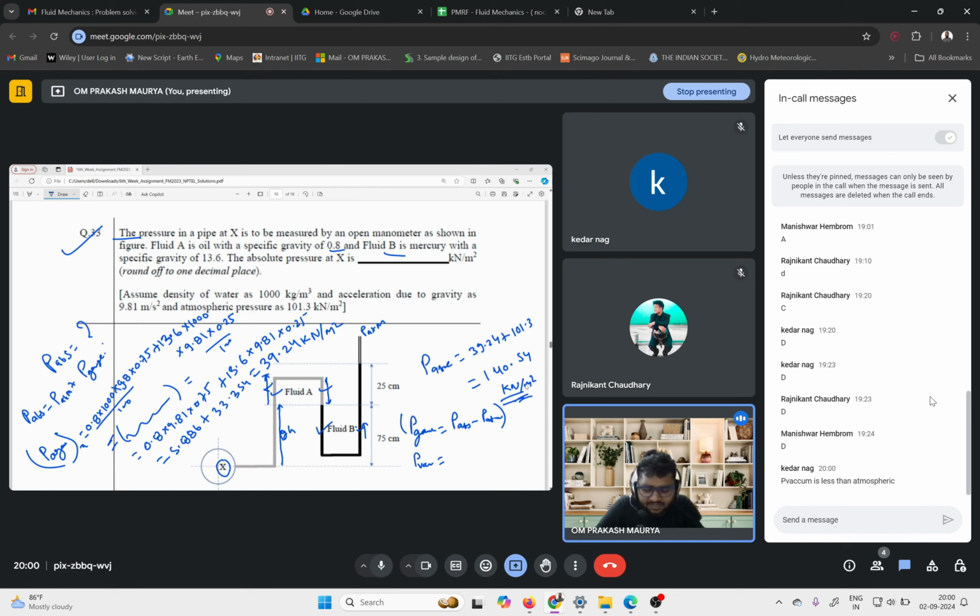Vacuum pressure is less than atmospheric. Okay, good.